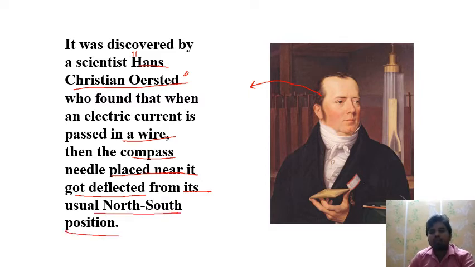He was the first person to detect that a magnetic field can be produced by a current carrying wire. So what is the name of the scientist, student? Hans Christian Ørsted. He was the discoverer of the magnetic field in a current carrying wire.